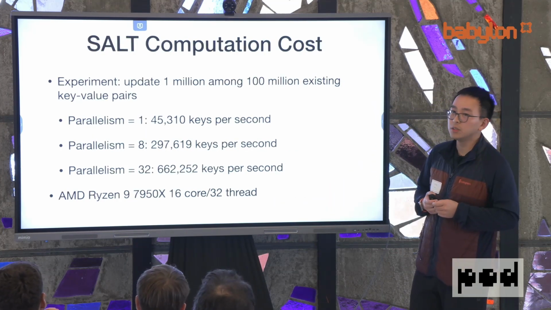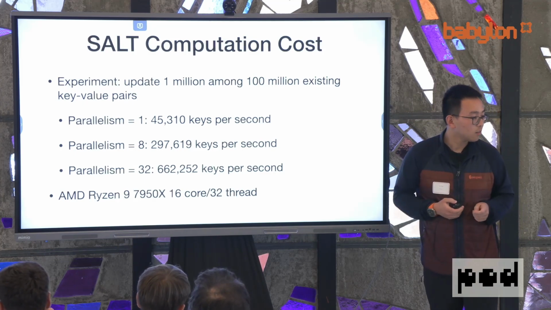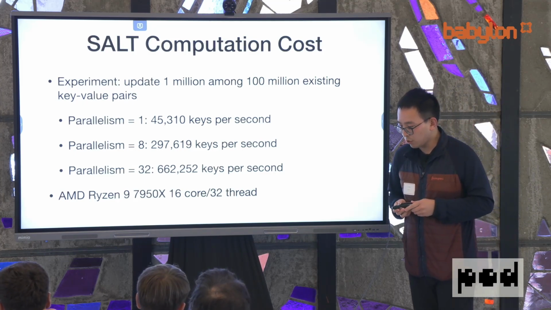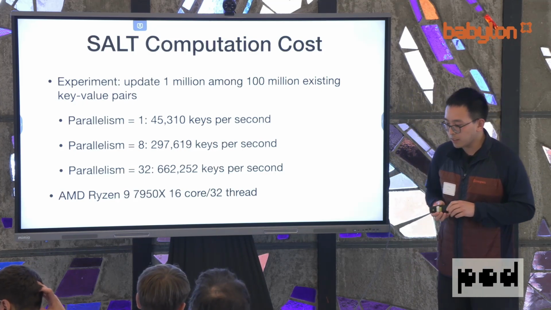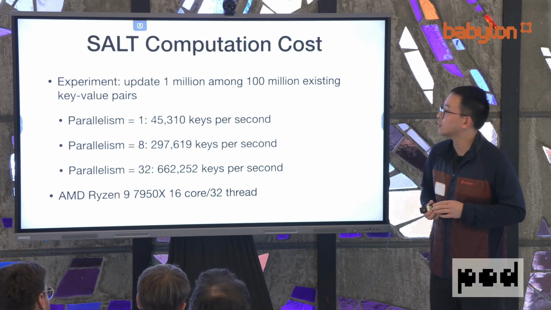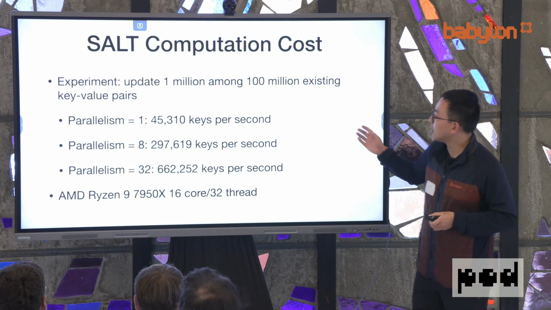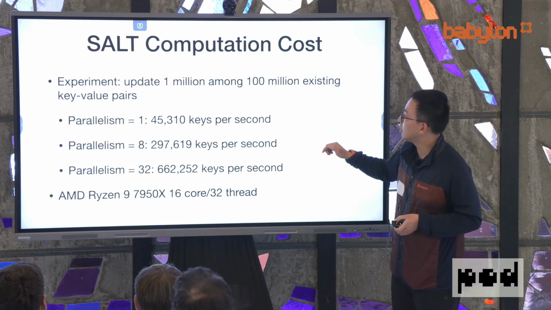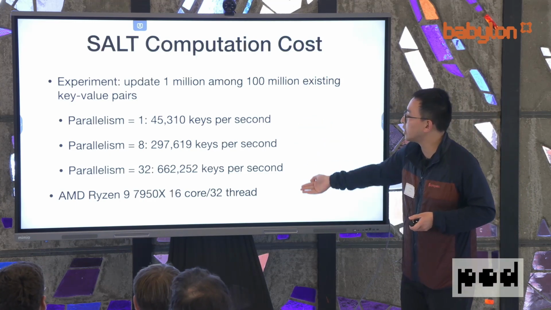Computation cost: we're using vector commitments, so it's definitely much more expensive than just computing hashes, about 20 times more expensive than Keccak-256. But we did some experiments. What's nice is that it's actually pretty parallelizable.